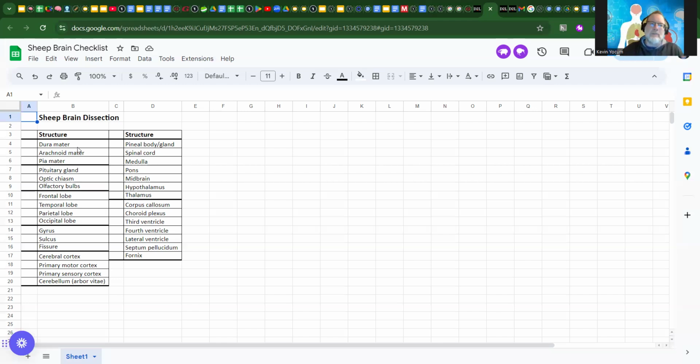Obviously these are no longer in the skulls, but if they were, the dura mater that we're going to remove, that's going to be the first thing we do. It's basically in contact with the skull. We'll remove that first of all, and that'll be the most striking feature right away when you get your sheep brain.